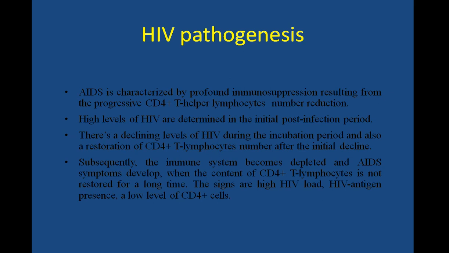Subsequently, the immune system becomes depleted and AIDS symptoms develop when the content of CD4 T lymphocytes is not restored for a long time. The signs are high HIV load and HIV antigen presence, and low levels of CD4 cells.